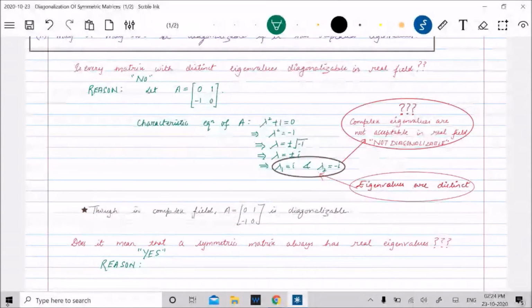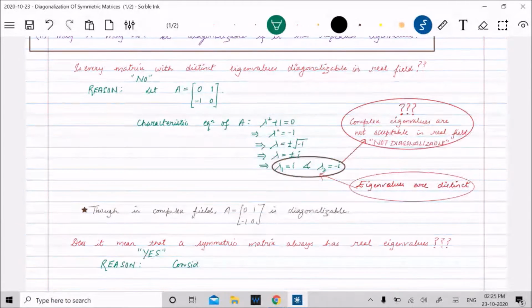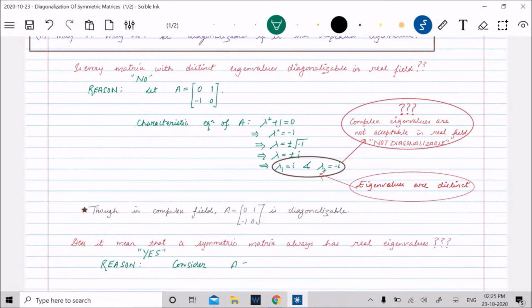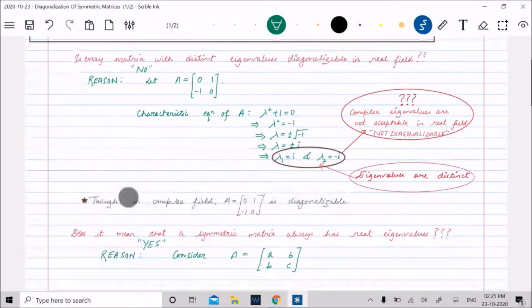So consider a 2 cross 2 matrix and let it be a symmetric matrix, and you all know how to write a symmetric matrix. If I write A here and B here, and since it is a symmetric matrix, then this element should be B only. There is no choice to write any other element at this place. And here you can write C. You can see that this is a symmetric matrix, right?